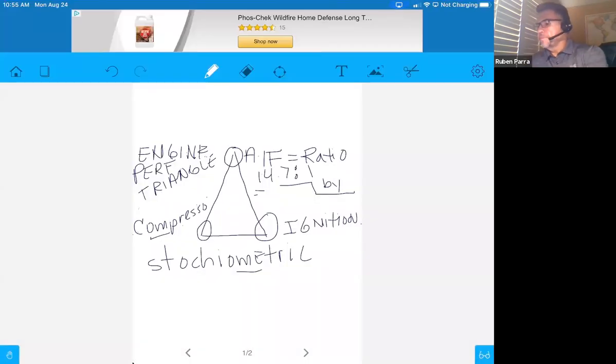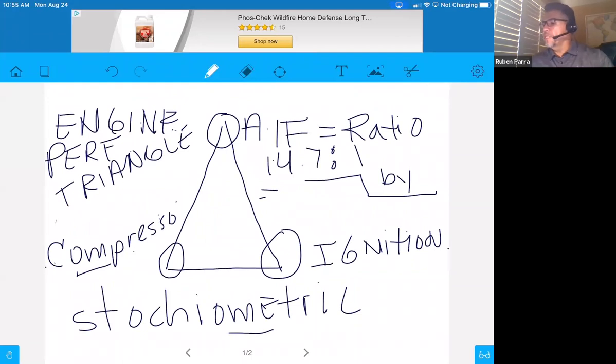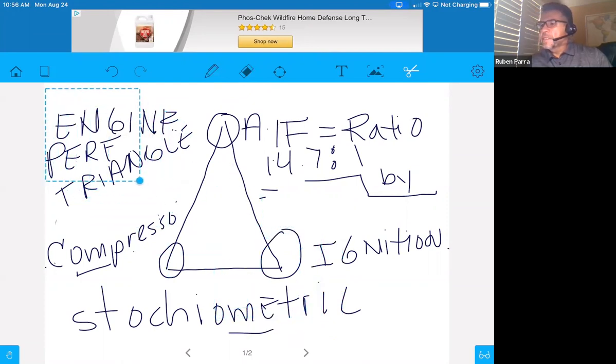What we mean by the correct voltage, and this is new to me, guys, so give me a second here.